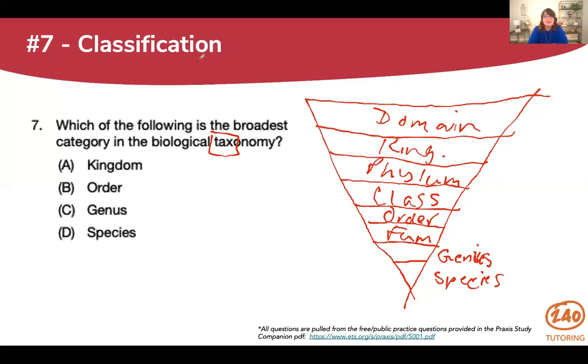So in this list, which is the broadest category, you can see really easily that's going to be kingdom. Now, if you're like, oh my goodness, how am I ever going to remember all these words? I've got a mnemonic that may help you with this, okay? So are you ready to remember domain, kingdom, phylum, class, order, family, genus, species? I'm going to write out the sentence for you to help you remember.